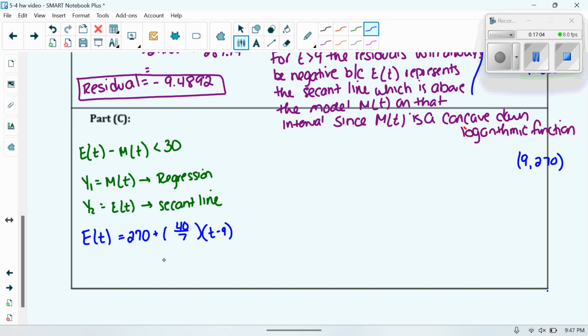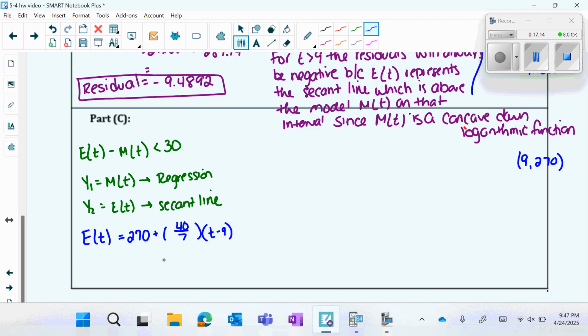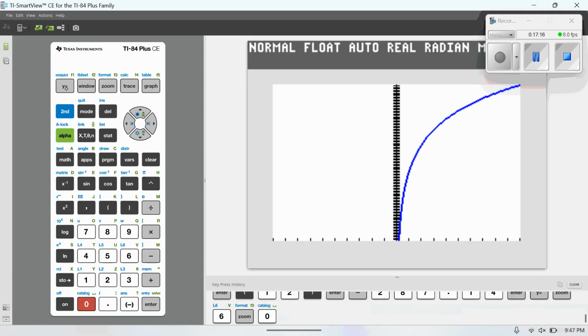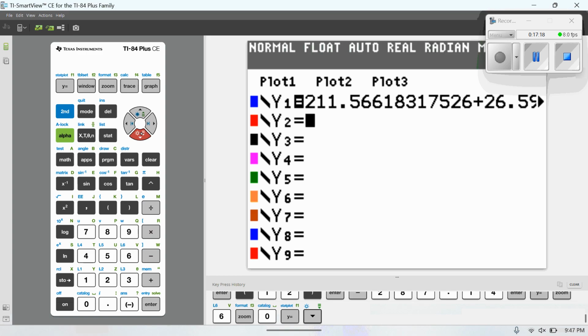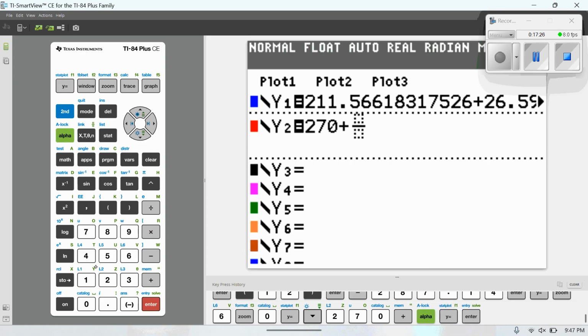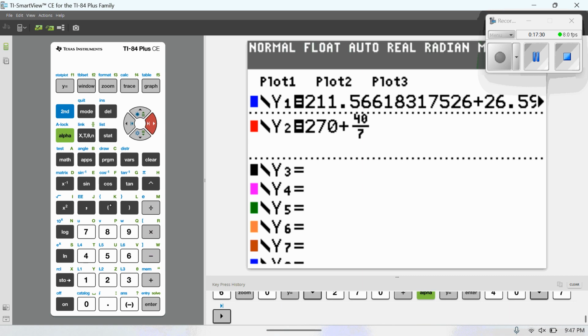I want it to be exact. I don't want to use that decimal that I rounded in B1. So into Y2, I am going to put 270 plus 40/7 times x minus 9.